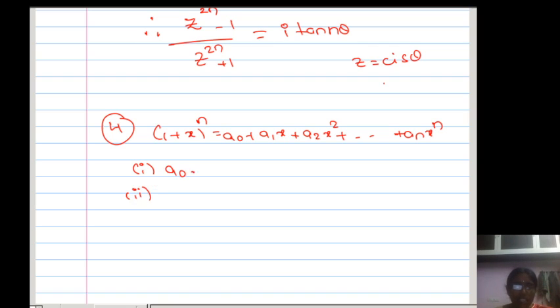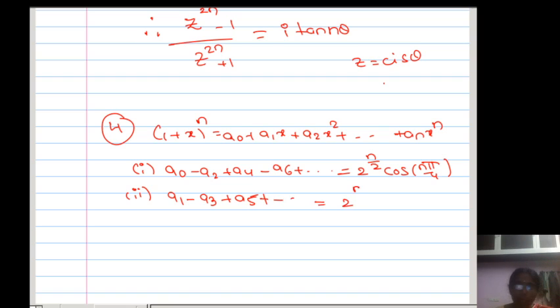First one: a0 minus a2 plus a4 minus a6 and so on is equal to 2 power n by 2 into cos n pi by 4. Next, what is the second one? a1 minus a3 plus a5, odd terms 1, 3, 5 like that, and so on, is equal to 2 power n by 2 sine of n pi by 4. Have to prove.